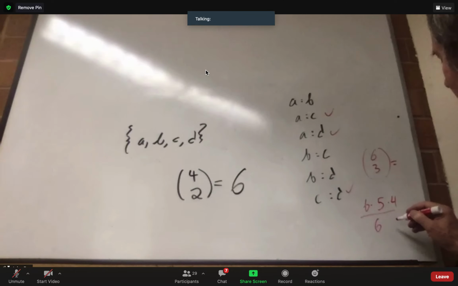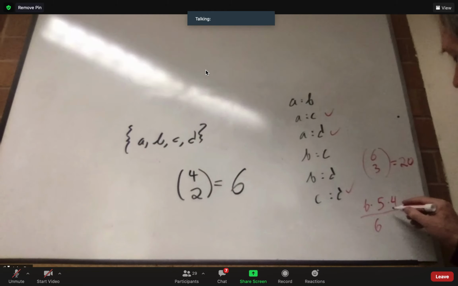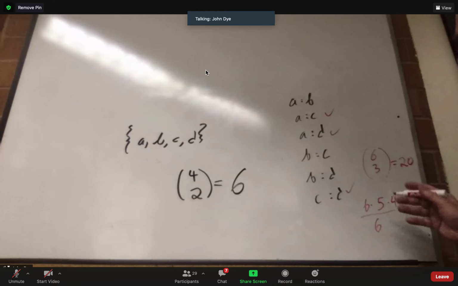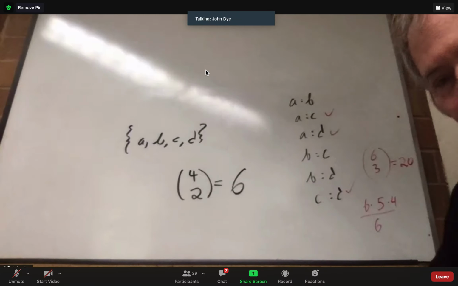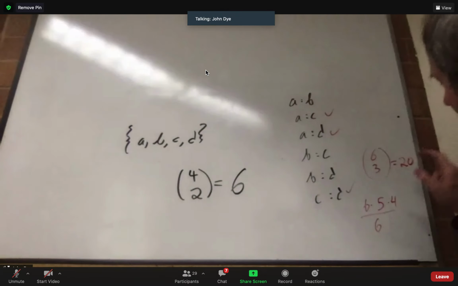Uh-oh, it looks like it's 20. Is that right? Yes. So you don't have to use any fancy mathematics here. You could just simply list them all out. You can look at all 20 ways.